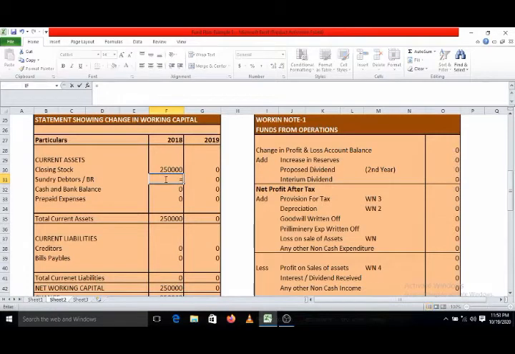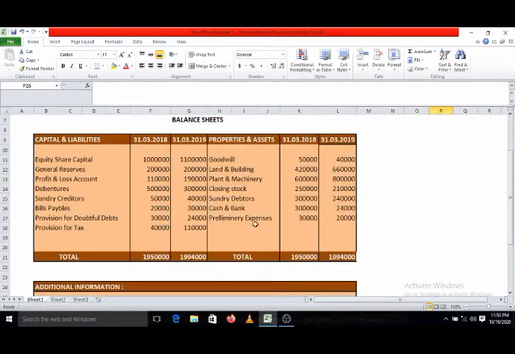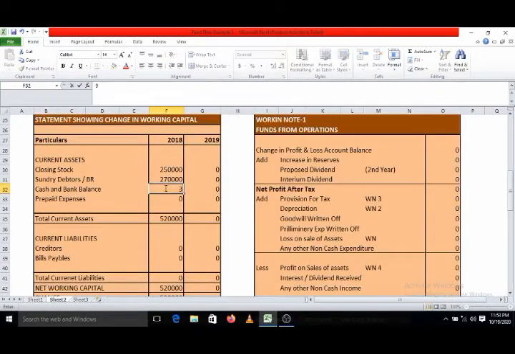So the debtors amount will be 2,70,000. Next is the cash and bank balance. For the first year it is rupees 3 lakhs.